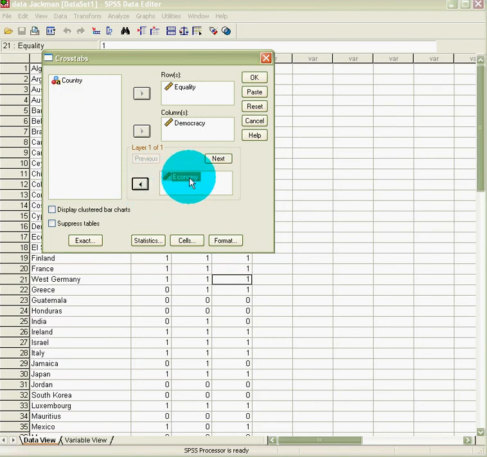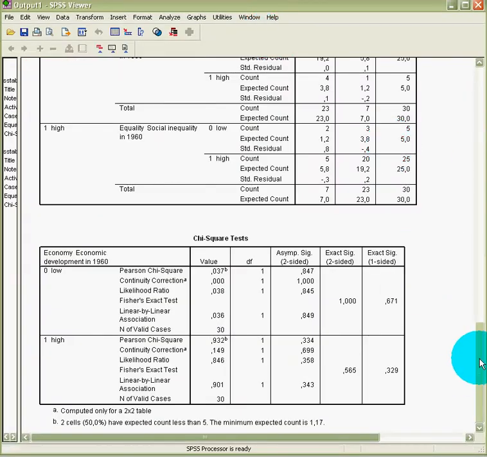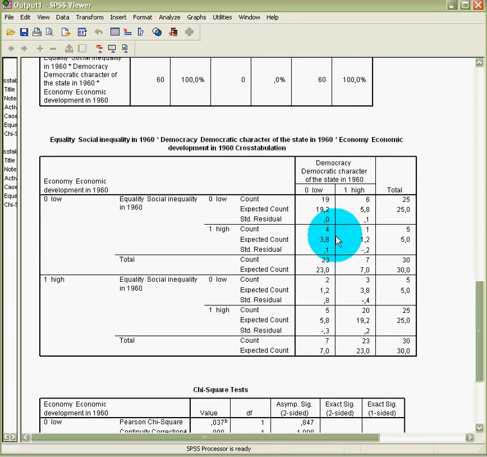Let's look at what happens now. Here we see again this 2 by 2 matrix, but adjusted for only countries with a low economic growth. Here again, the 2 by 2 matrix only for countries with high economic growth.